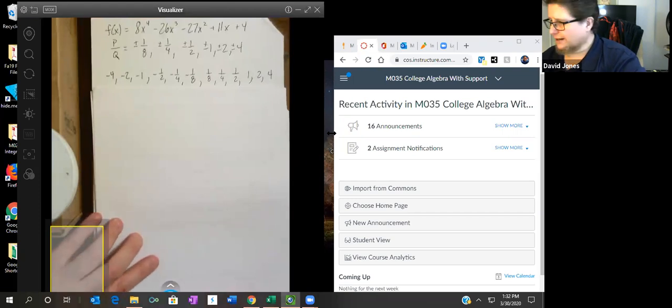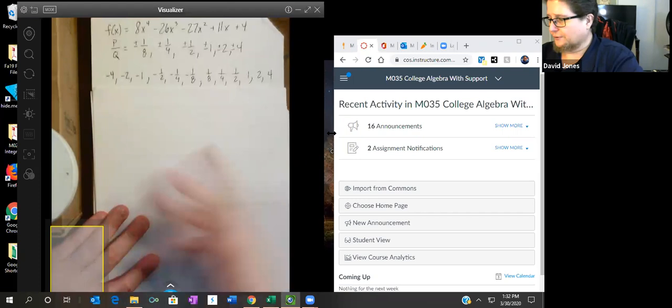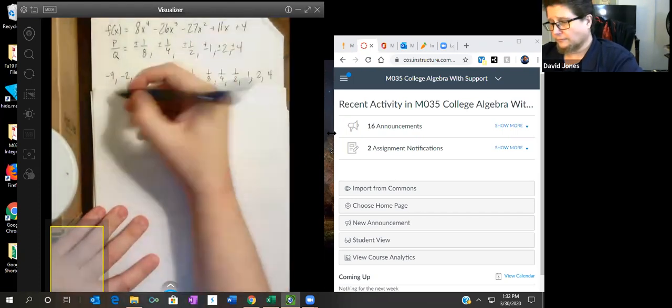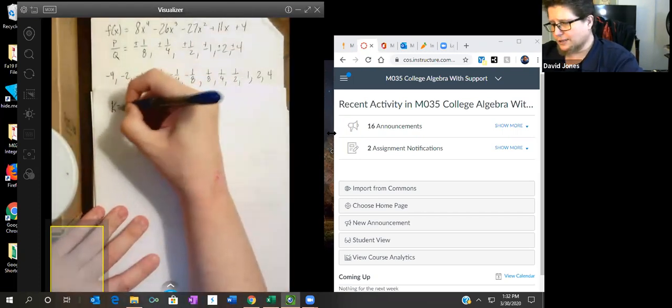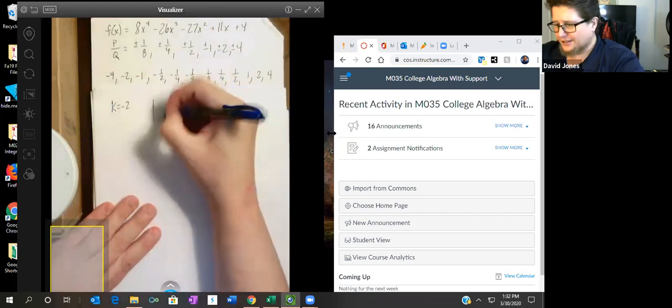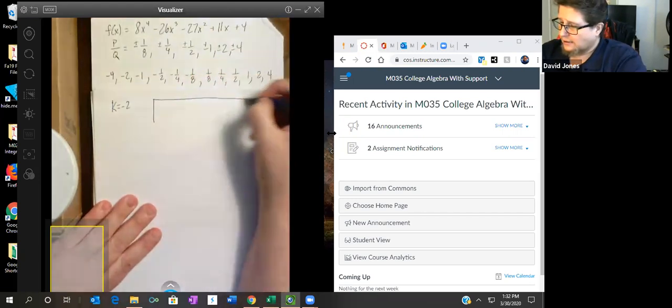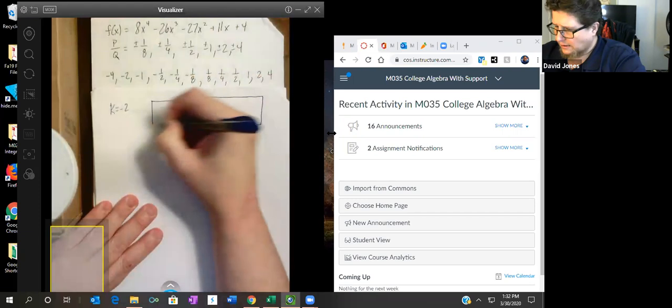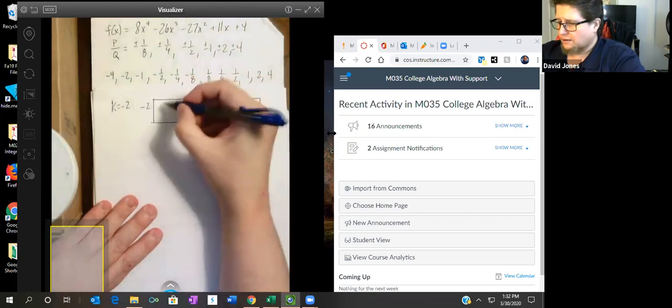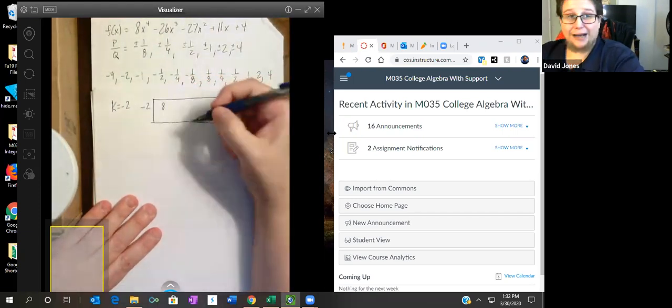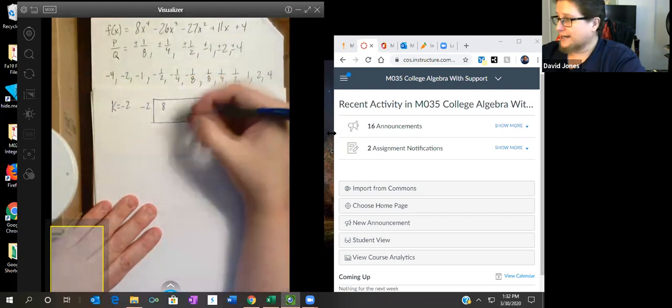And I want my f of x showing too. Let's say we start with -2. Let's try k equals -2. Let's see if it's a root. We're going to focus on the negative ones first. If we find 2 of them, we're done with the negatives.